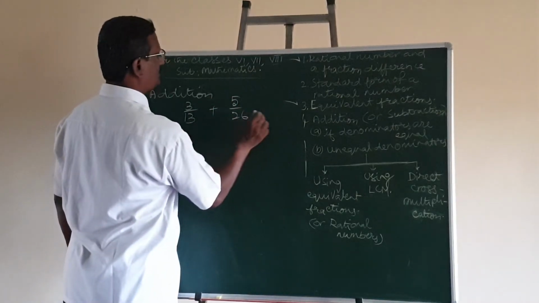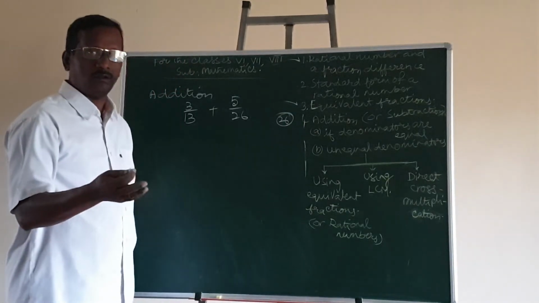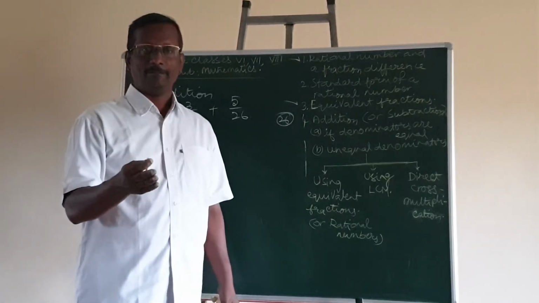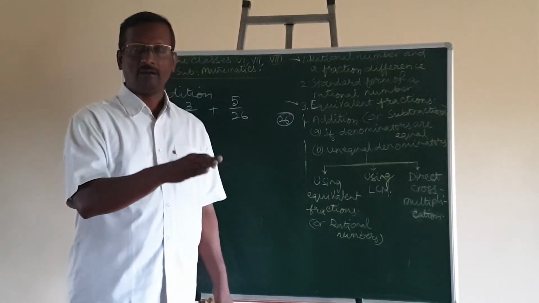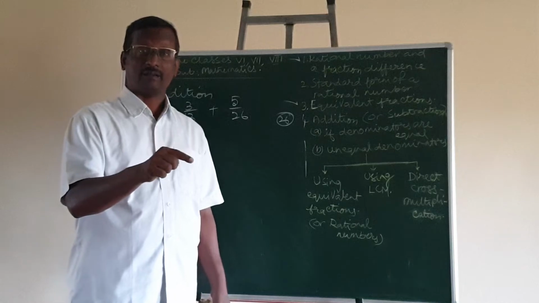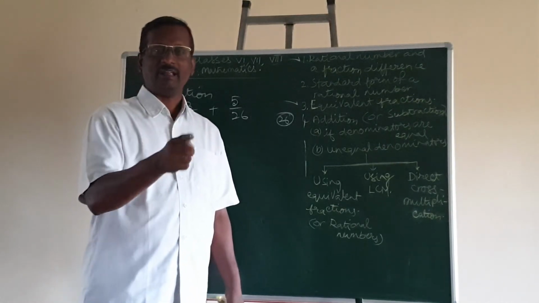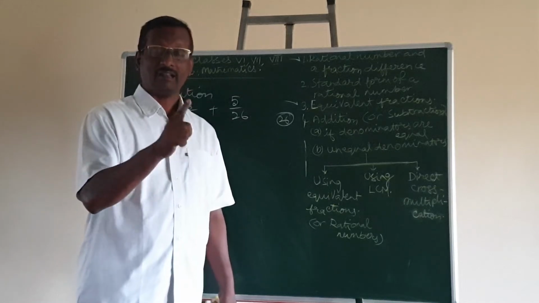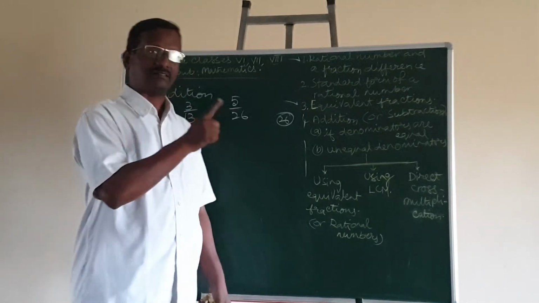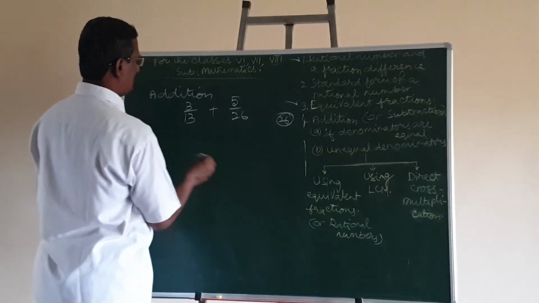Here the LCM of these two is 26, because if A and B are two numbers such that A is a factor of B, the smaller number A, the factor, is the HCF. Here 13 is the HCF and 26 is the LCM.